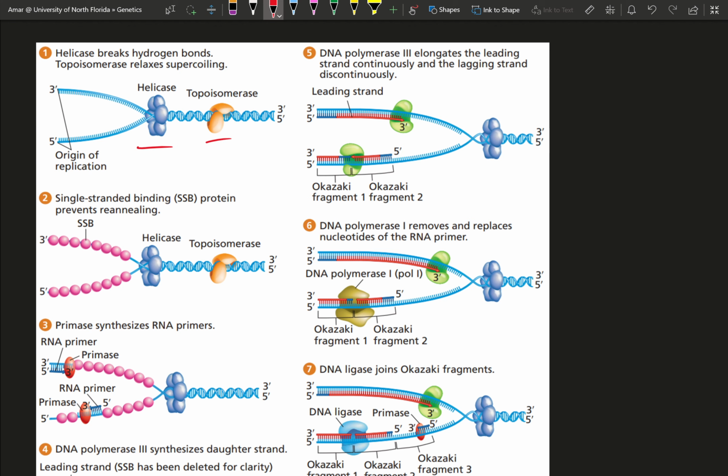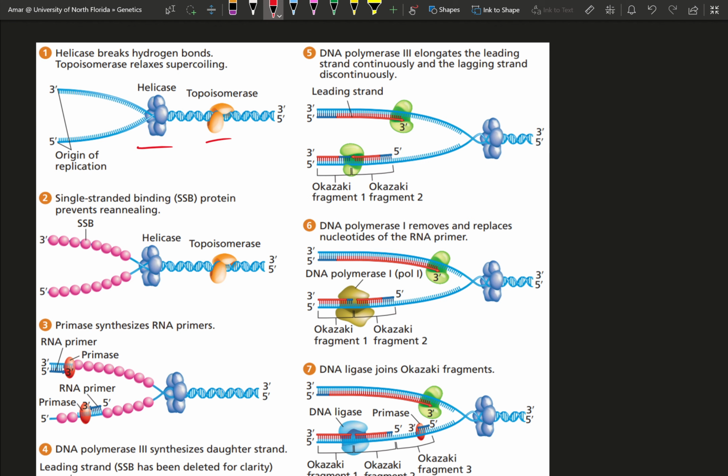So the topoisomerase is used to prevent that from happening, and basically what topoisomerase does is it finds that supercoil, it will nick the DNA at that supercoil, it will unwind the DNA back to a linear form, and then it will reform that phosphodiester bond, and that's how the topoisomerase works.